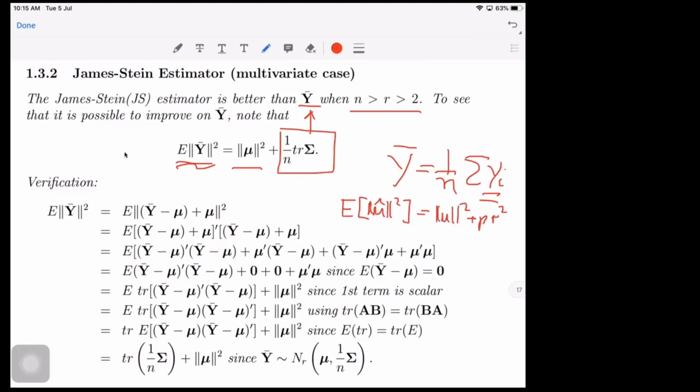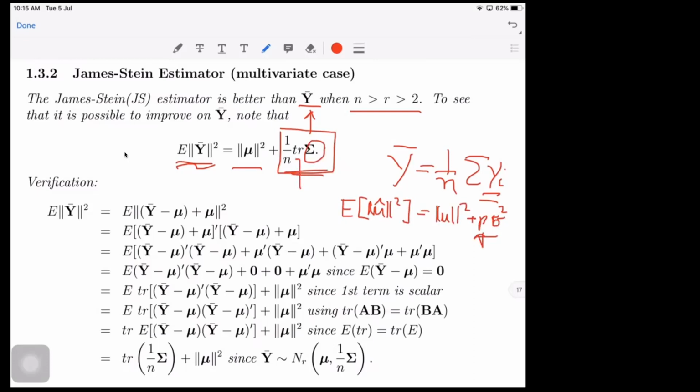This is the trace of your sigma. Now this time we will have a division from p sigma squared. So we retain the trace, which is just equal to the trace of sigma times 1/n.